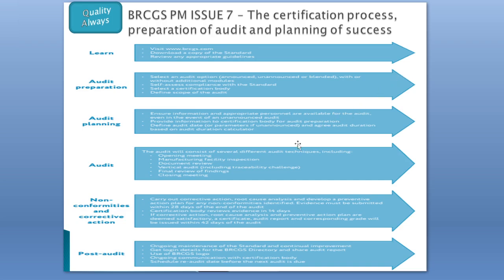So for implementation of this standard and the certification process, the audit and planning of the success. If any organization is going for the certification of the BRCGS, then there are six steps to get this certification. First is to learn about the standard. Go to the BRCGS website, download a copy of the standard, and relevant guidelines can be downloaded from the site.